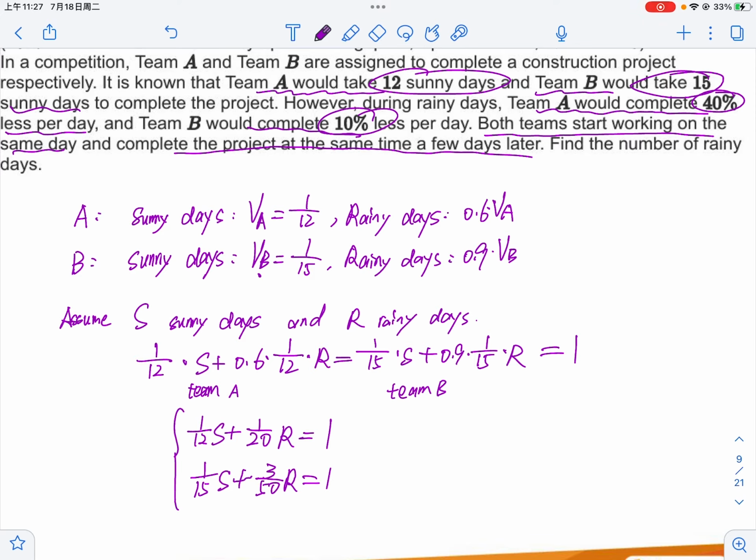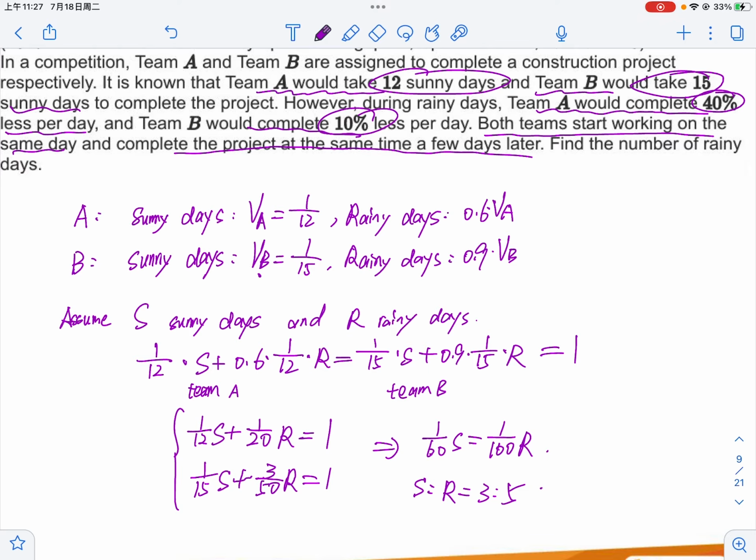Then you find that 1 over 60 S should equal 1 over 100 R, which means S to R should be 3 to 5.